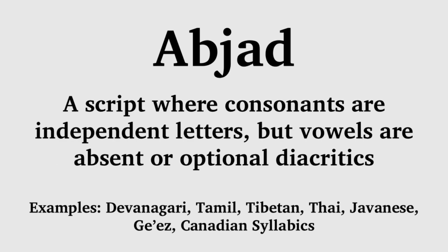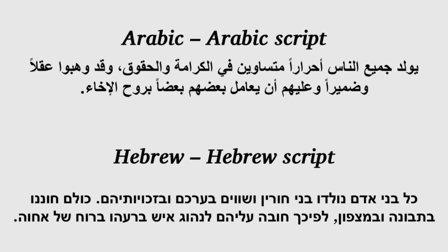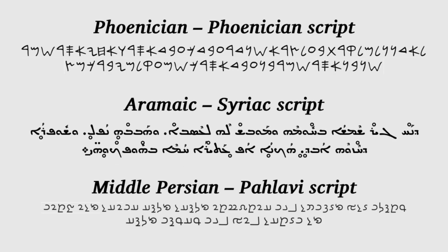An abjad is the next step up from an abugida. In this type of script, vowel diacritics are completely absent, or sometimes optional, while consonants remain the primary letters. Today, Arabic and Hebrew are the only abjads in widespread use, but historical scripts include Phoenician, Syriac, and Pahlavi.